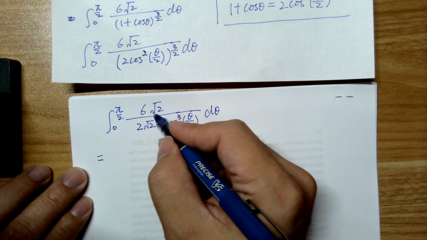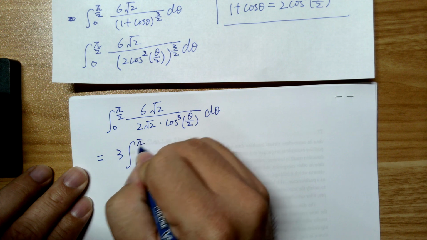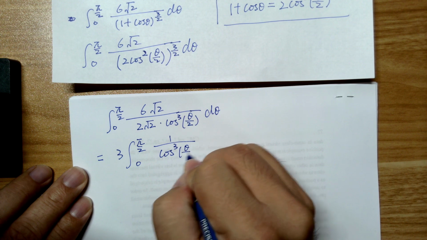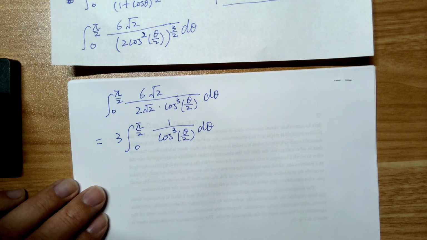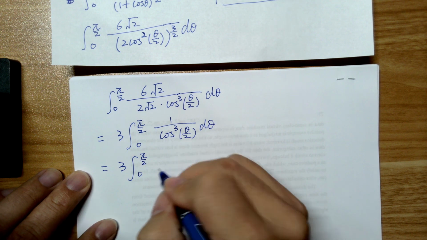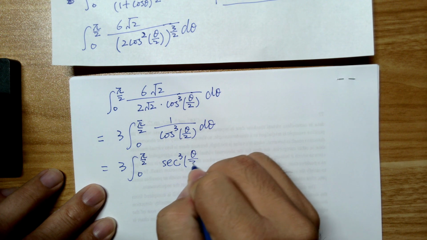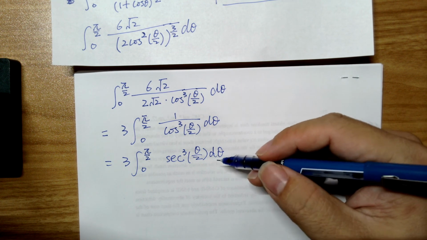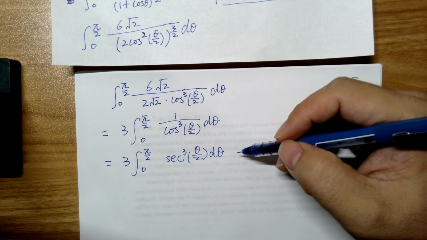So it turns out that this part equals 3, so we're going to have a 3 integral from 0 to pi over 2, 1 over cosine cubed theta over 2, right, and then d theta. Now, what you will see here is we can also rewrite the problem into secant cubed theta over 2 d theta. Okay. So far, the problem becomes, how to solve for this integral problem.